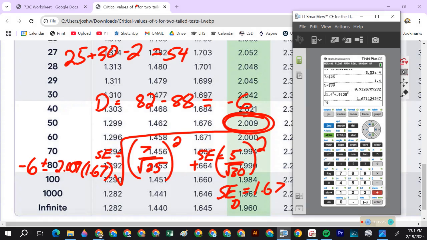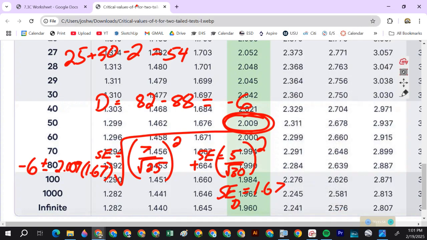So -6 plus 2.009 times 1.67. So that's one bound, and then the other one. So we are 95% confident that the true difference between the two samples is somewhere between -2.6 and -9.3.